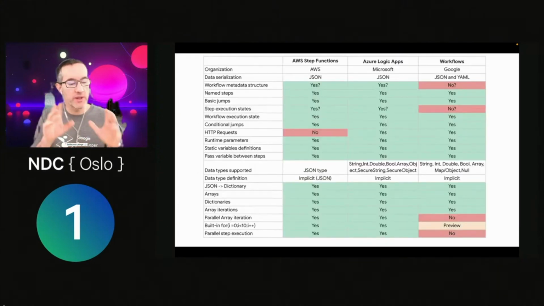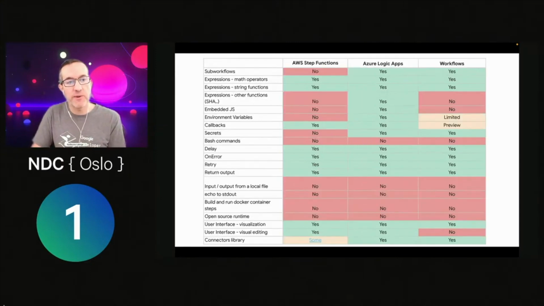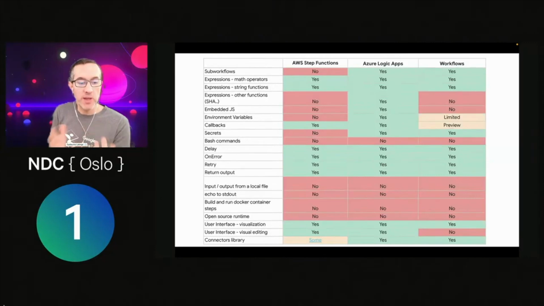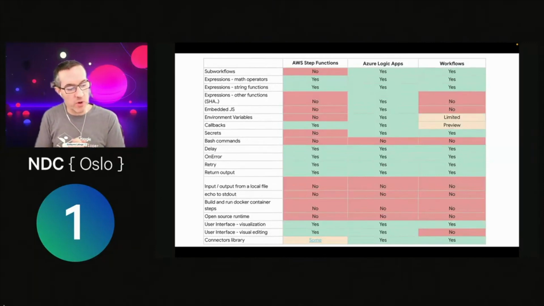So I'm just going to show those two screens very quickly. We don't have to look into the details, but we tried to have a look at the orchestration products: Step Functions, Logic Apps, and Google Cloud Workflows. Basically, those three products have more or less the same coverage, but we've been trying to keep track of some of the features that are available.